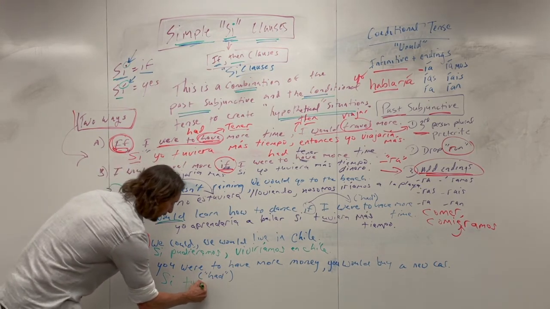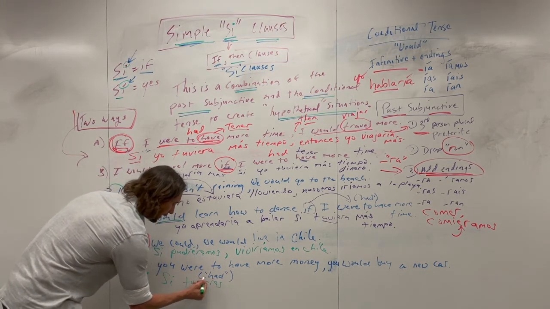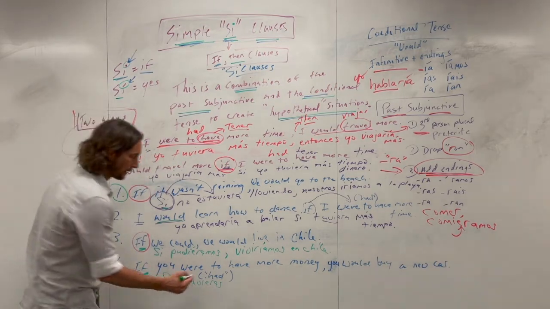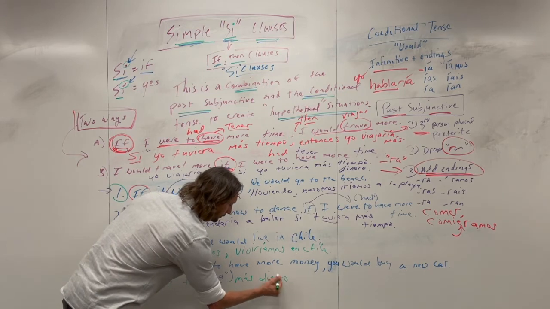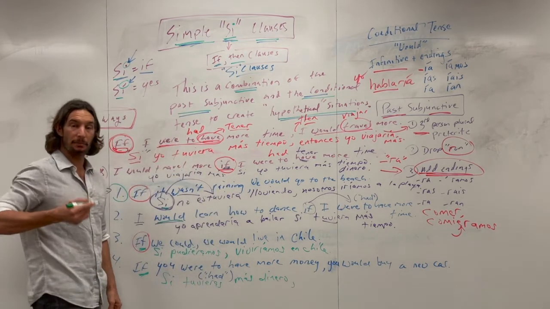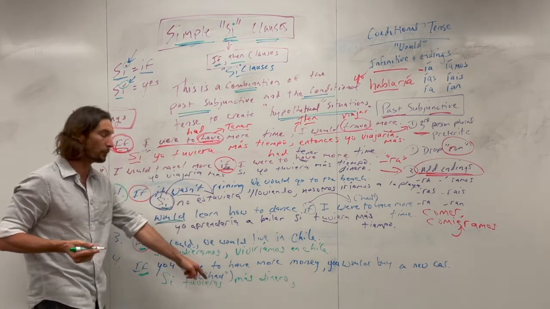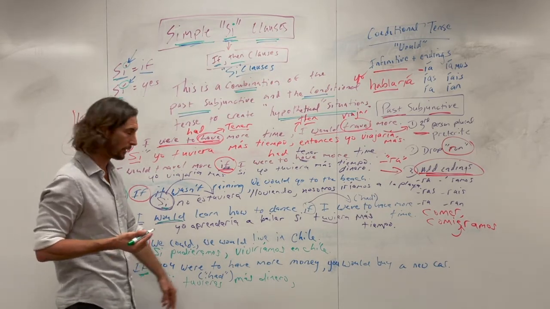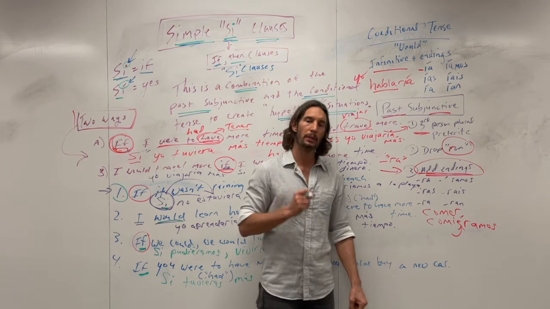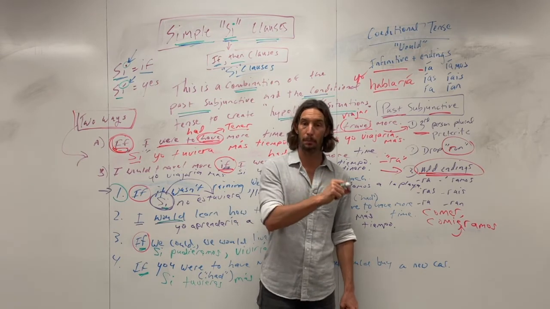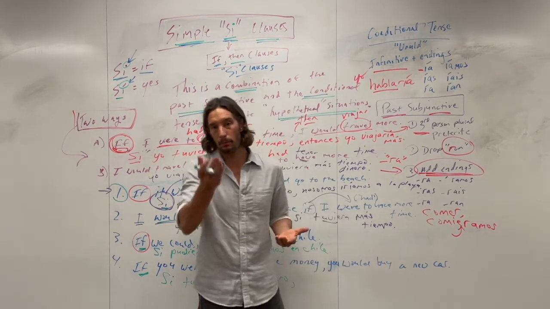Si tuvieras, right, if you were to have, or if you had, más dinero, right? Si tuvieras más dinero, or si tú tuvieras más dinero, if you want to throw tú in there, right? You would buy a new car, right? So that's the conditional tense, would buy. Who's buying it? You.